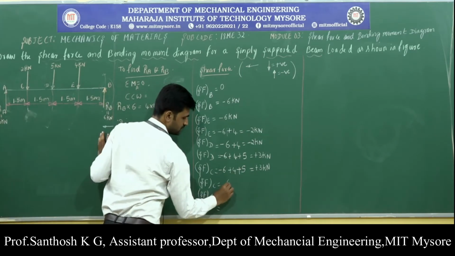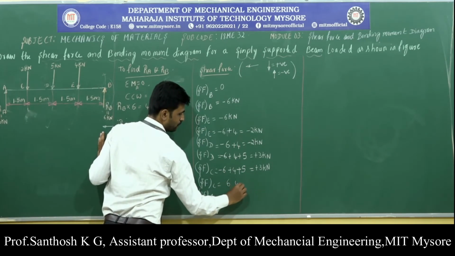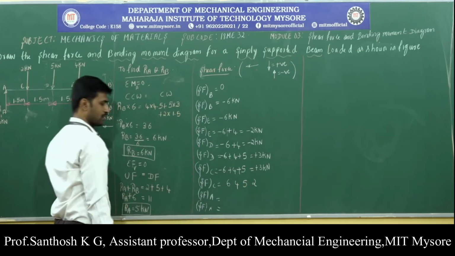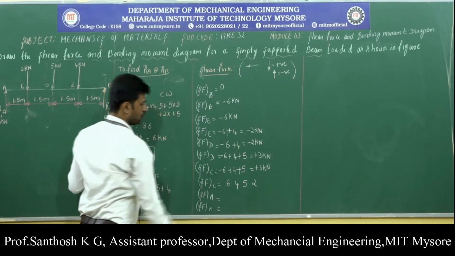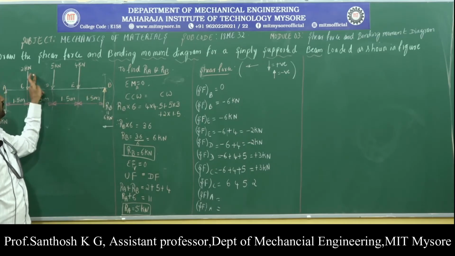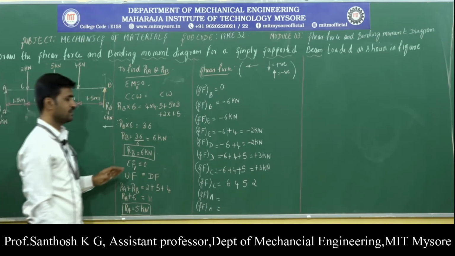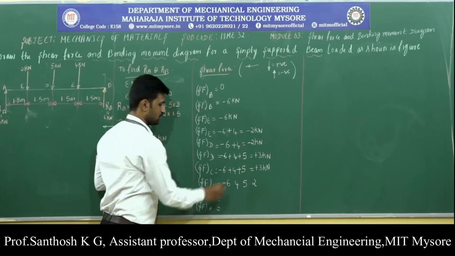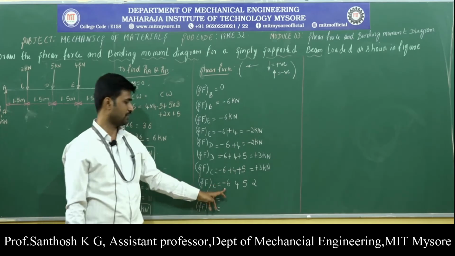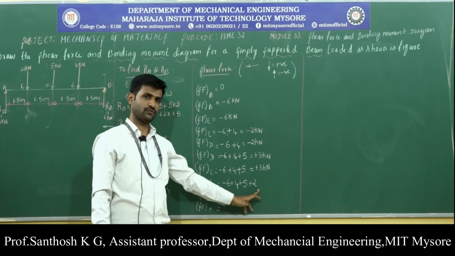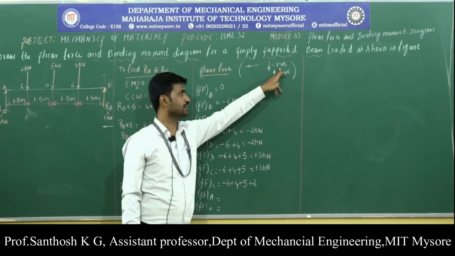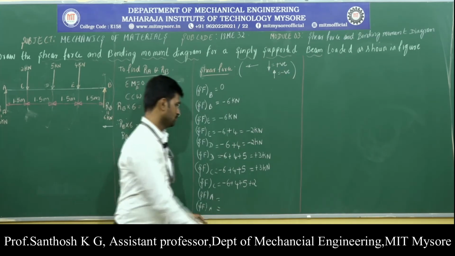Out of these, only the 6 kilonewton force is acting upward, and the remaining 3 forces are acting downward. So the upward force is denoted with a negative sign, and the 3 downward forces are written with the positive sign.